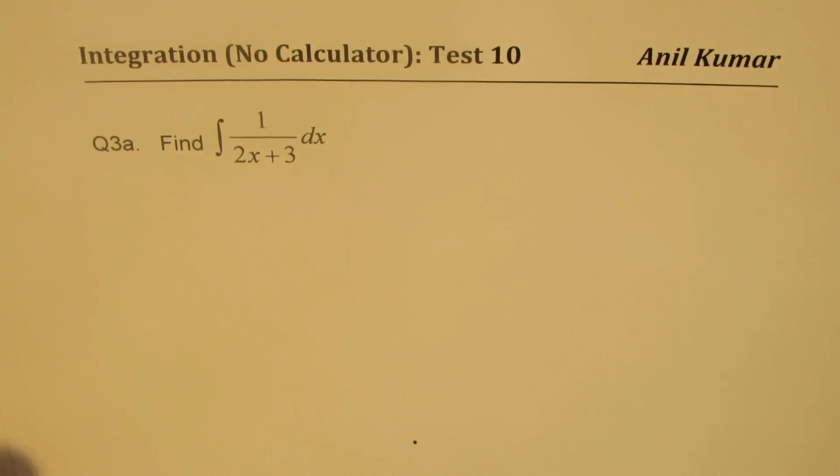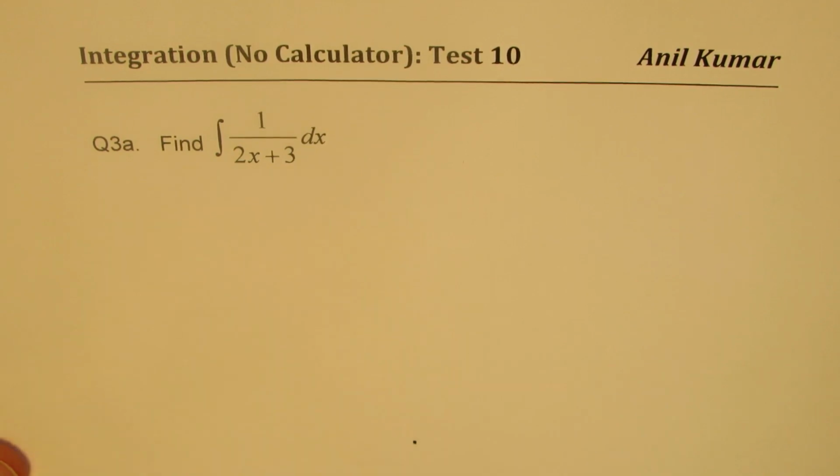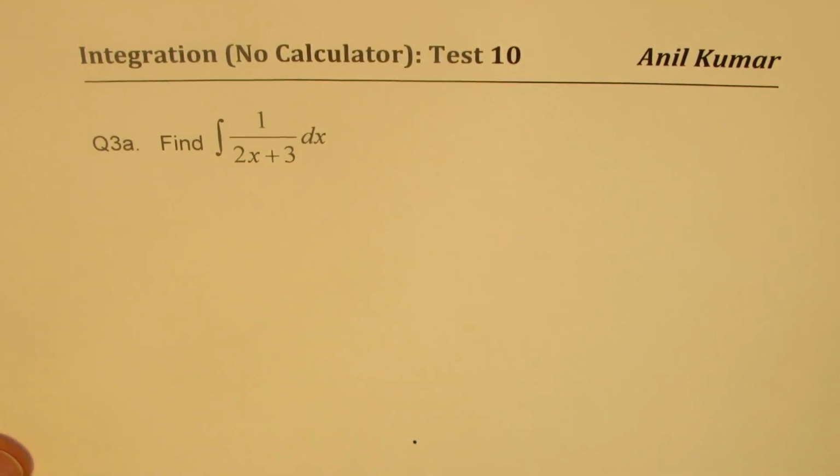It is find the integral of 1 over 2x plus 3. Now, you can always pause the video, answer this question, and then look into my suggestions. Let's apply the method of substitution to find this integral, right?